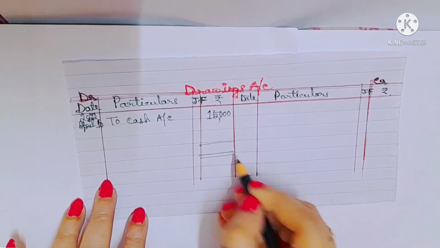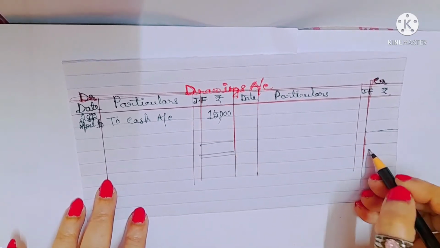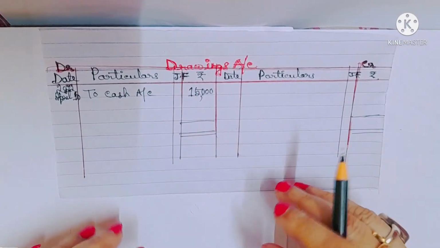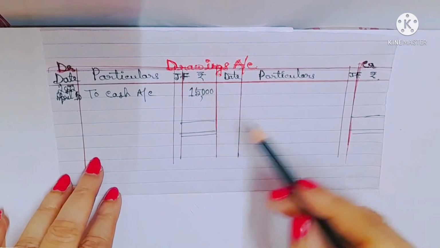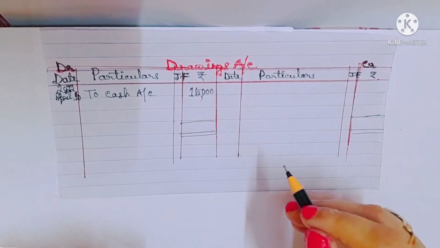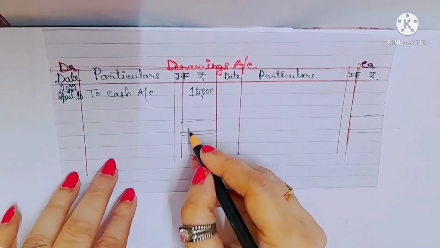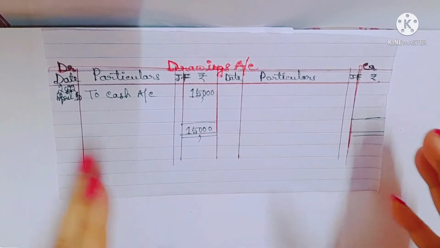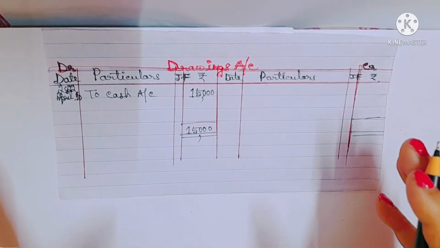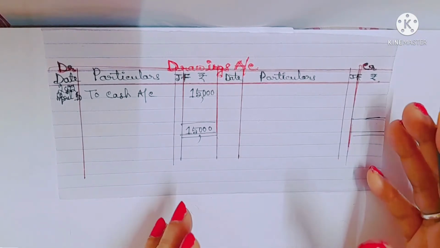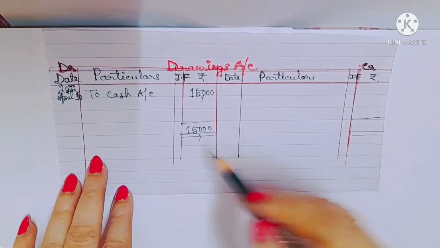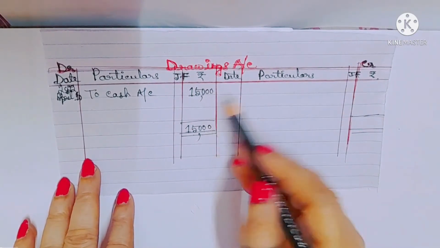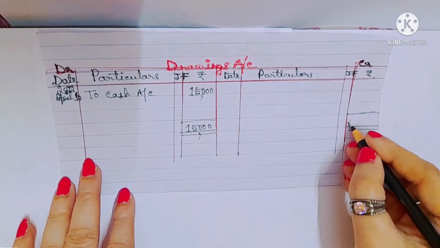Now see, 15,000. Which side is greater? Obviously debit side. কেন? Credit side কিছু নেই. There is nothing on the credit side. That means 0. So we have to write on the credit side something to balance the account. First let me write down the total. যে সাইডে টোটালটা বেশি সেটাই দুটো সাইডে লিখতে হবে, ডেবিট অ্যাজ ওয়েল অ্যাজ ক্রেডিট। যদি ক্রেডিট সাইডে টোটাল বেশি থাকতো, ধরো 20,000, তাহলে দুটো সাইডেই আমি 20 লিখতাম। কিন্তু এখানে কিছুই লেখা নেই, 0। তাহলে obviously 15,000 is greater than 0. তাহলে write 15,000 on both sides.